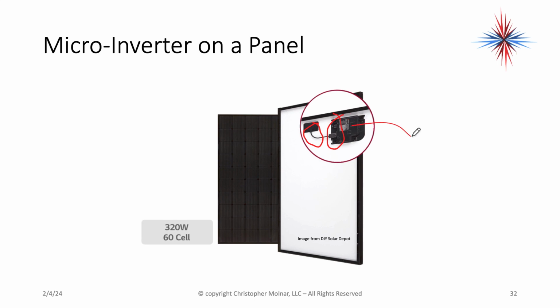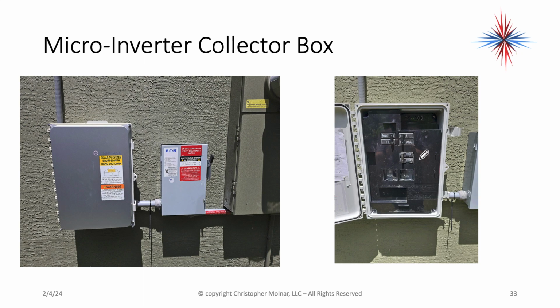Then there's going to be lines coming out of here, usually L1 and L2 because it's 240 volt output most often. And you put one on each panel. So if I have 60 panels, I'm going to have 60 microinverters most often. Sometimes they would do 2 panels per inverter, but most often it's 1-to-1.